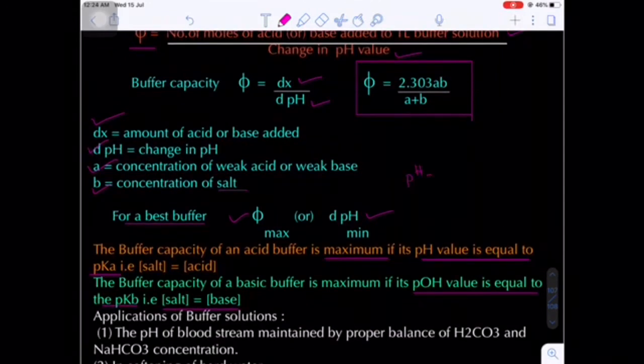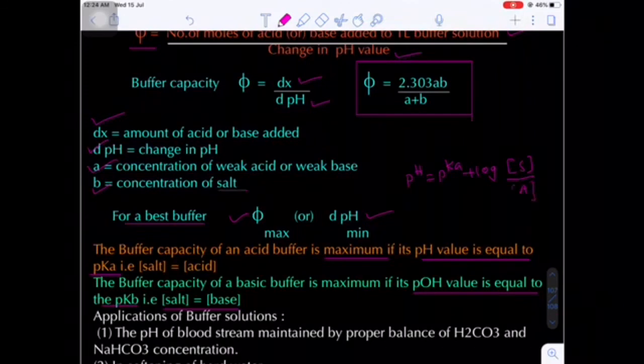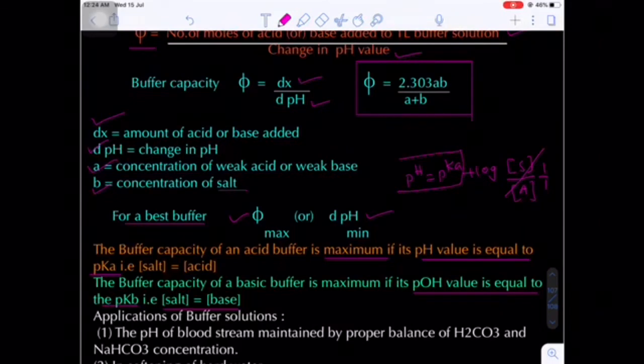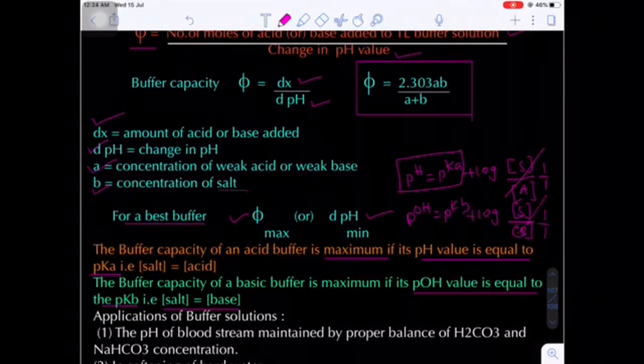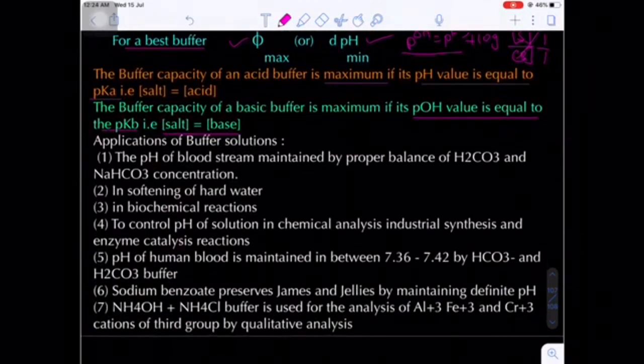That means the concentrations of salt and base must be equal, because pH is equal to pKa plus log of salt concentration by acid concentration. If both are 1:1, then log 1 is 0, so pH will be equal to pKa.